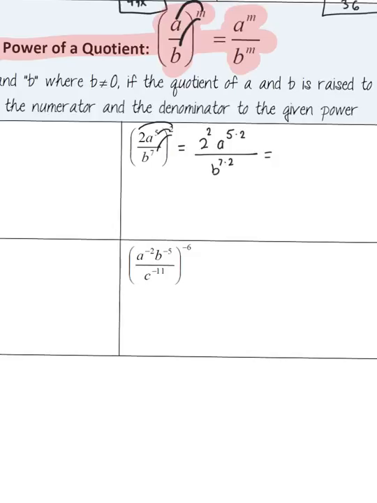Okay, so 2 squared gives me 4. A to the 5 times 2 is a to the 10th power. And then b to the 7 times 2 is b to the 14th power. Since your bases are different, you have an a and a b, they are not going to be further simplified at all. I'm just going to leave my answer as is.